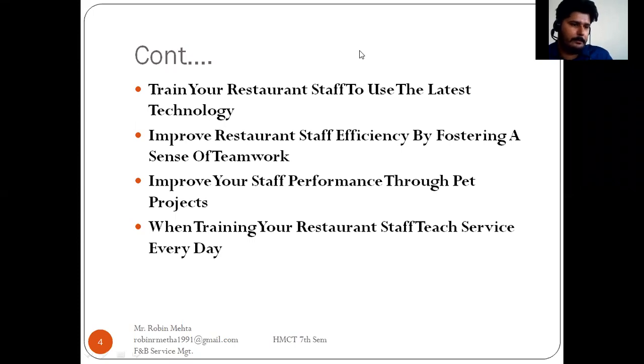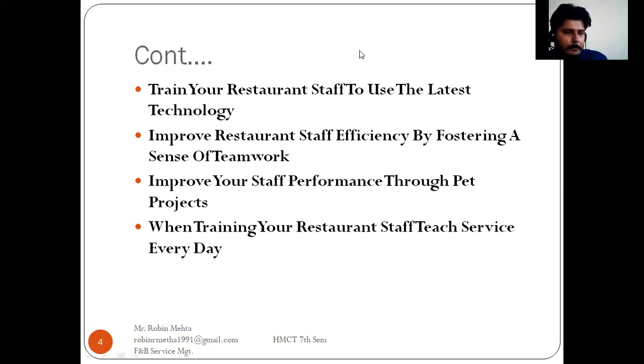Okay, next, when training your restaurant staff, teach service every day. Okay, like what services, what things we are giving to them, what moral values and all that, these are things we have to teach our staff. Especially for the restaurant staff, why?